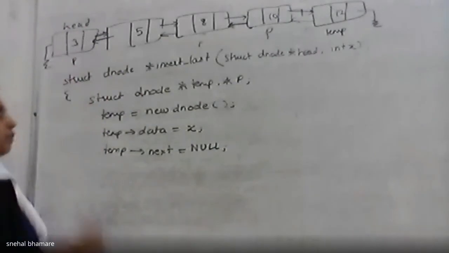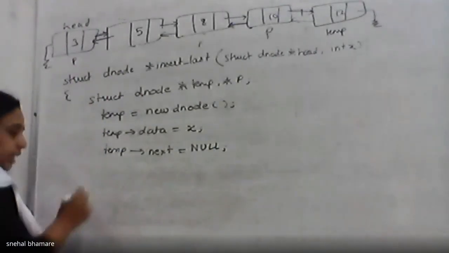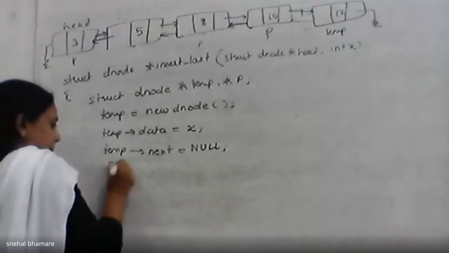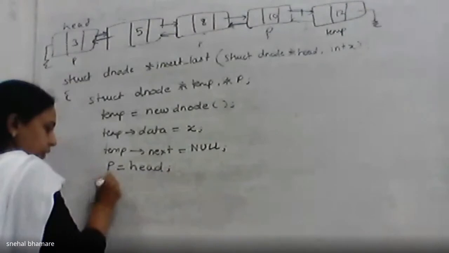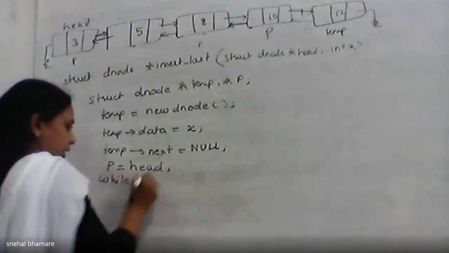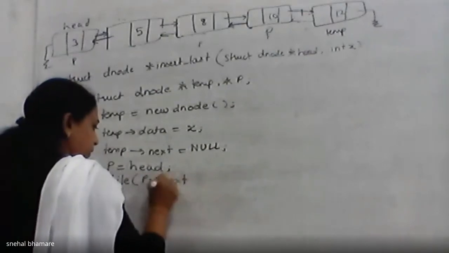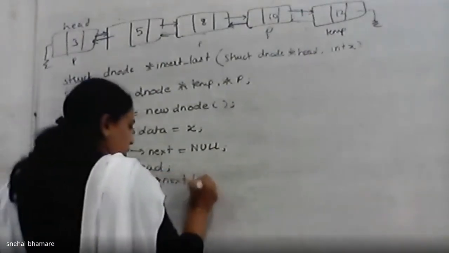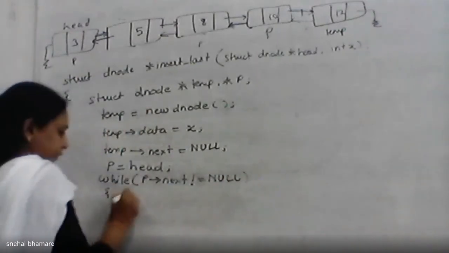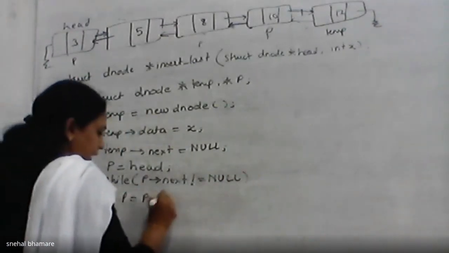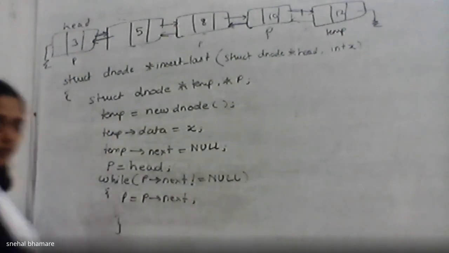Now we have to move p to the last node of the previous linked list. So p is equals to head, and while p next not equals to null, what I have to do? P is equals to p next. Right?